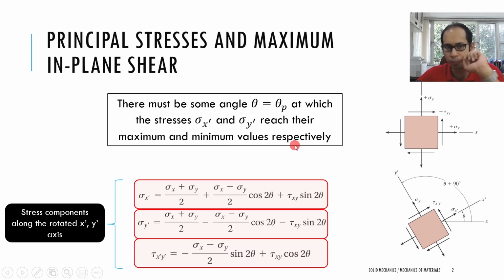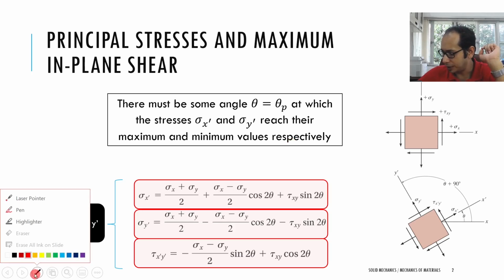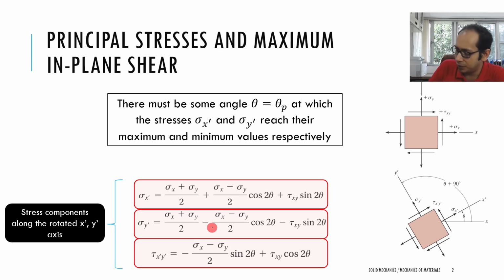Now this is important. Why does it happen that when one of them reaches its maximum, the other one reaches the minimum value? Because remember that we always have that relationship. So let's just quickly write that. We have the relationship that sigma x prime plus sigma y prime equals sigma x plus sigma y.